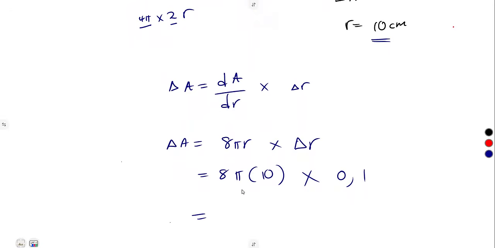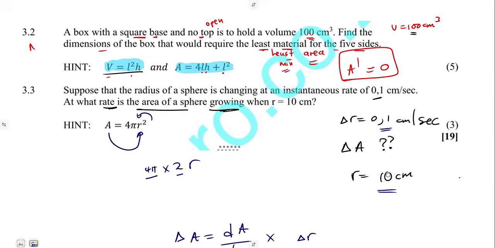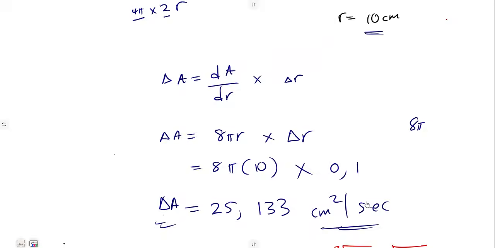So you multiply all this, and that is going to give us the change in area, 8 pi, which as a decimal is 25.133. That is area, square centimeters per second. That's the change in area, remember. So it's going to be square centimeters per second from what we have. So that's what we have on question number 3. It was just direct like that.